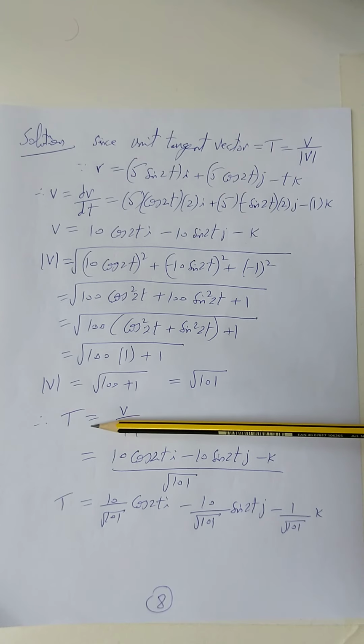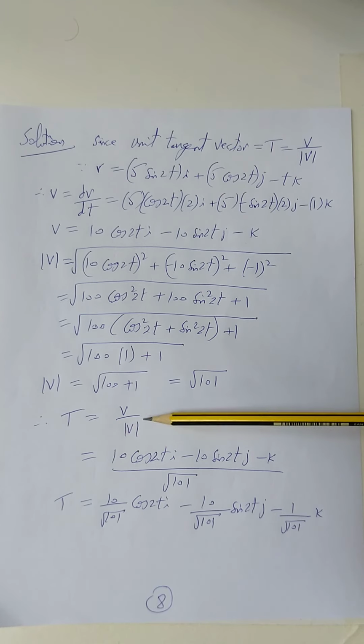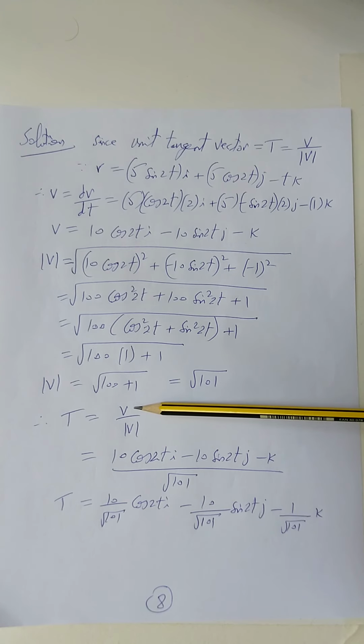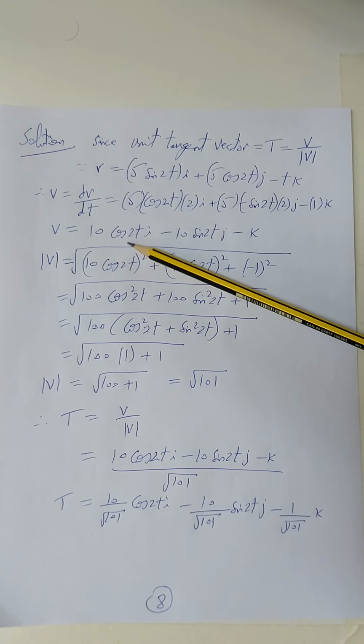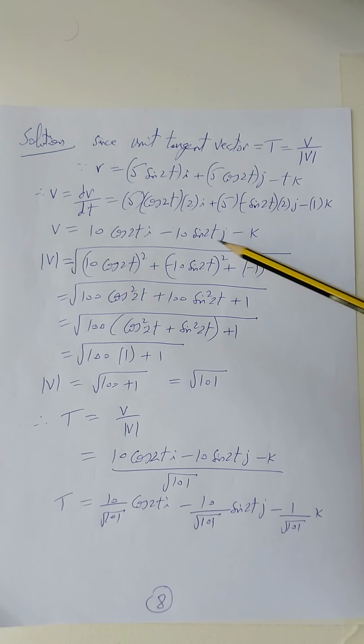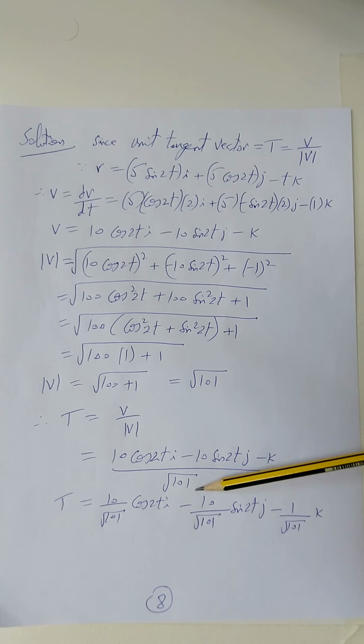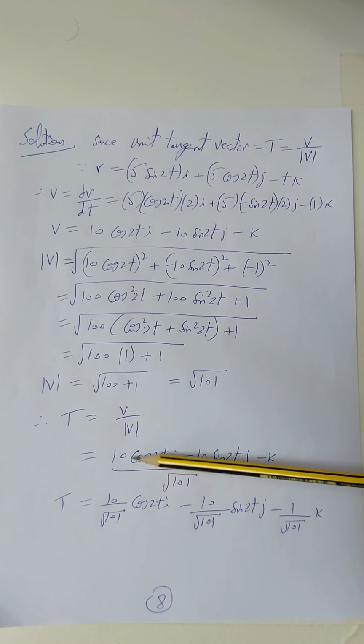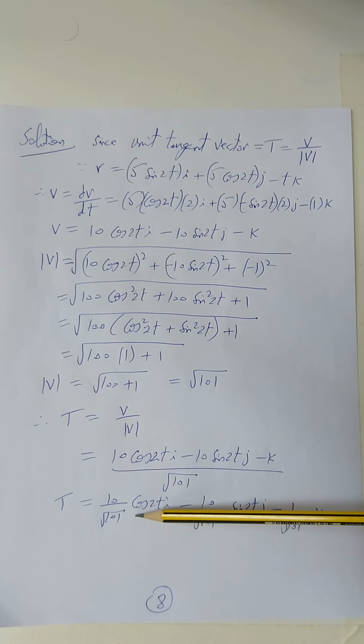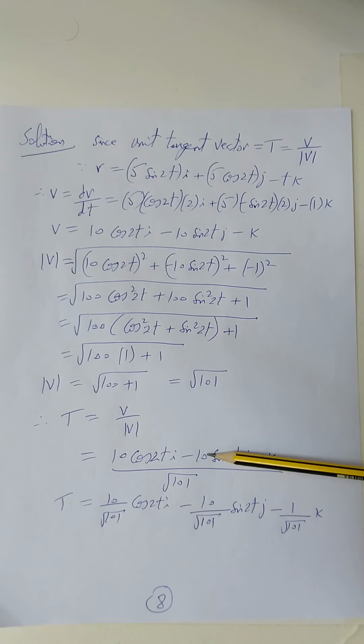Now our unit tangent formula is T = V over |V|, so we substitute the values. V is 10 cos 2t i - 10 sin 2t j - k, divided by the square root of 101. Dividing each component, we get 10 over root 101 cos 2t i minus 10 over root 101 sin 2t j minus 1 over root 101 k.